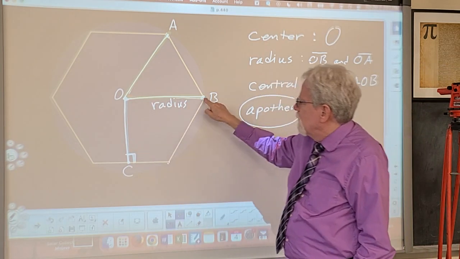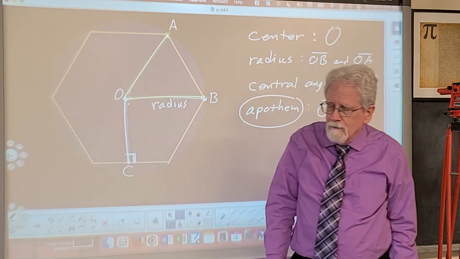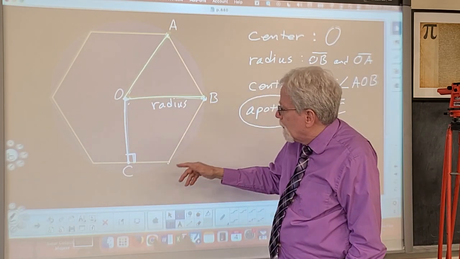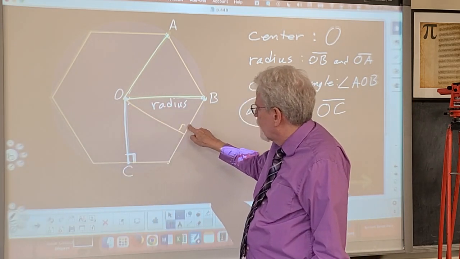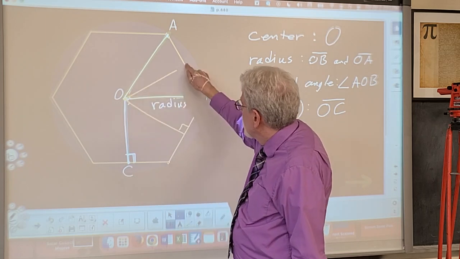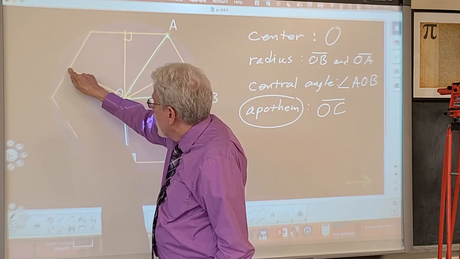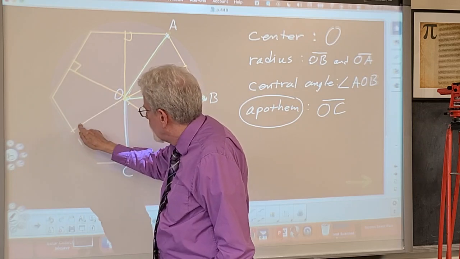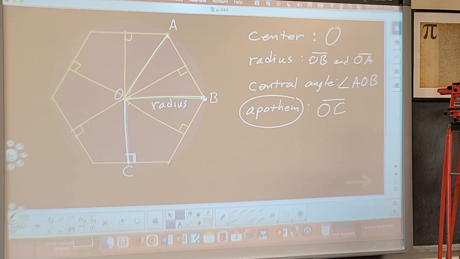So OB is a radius, OA is a radius, but OC is an apothem. There are other apothems I could draw, each perpendicular to a side. We have 6 apothems in this hexagon. We also have 6 radii in this hexagon.